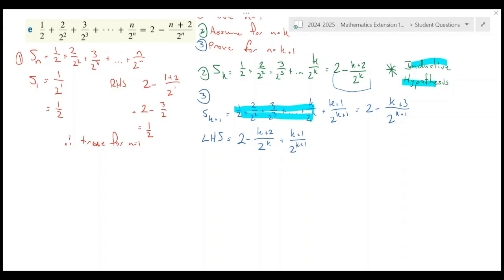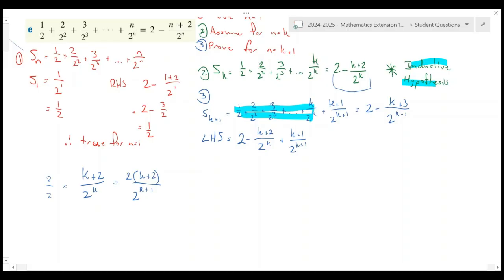Awesome. So what we're going to do is we want to get a common denominator. So if I take our fraction, the k plus 2 over 2 to the k, that is actually the equivalent of 2 outside of k plus 2 over 2 to the k plus 1. I think I said that before because we've times by 2 over 2. So we get that.